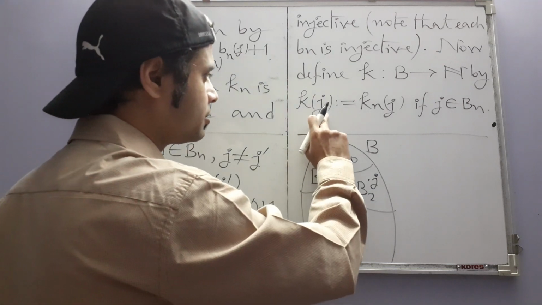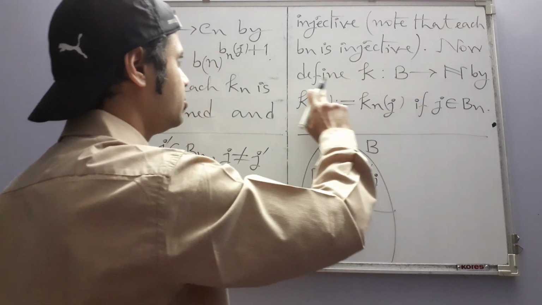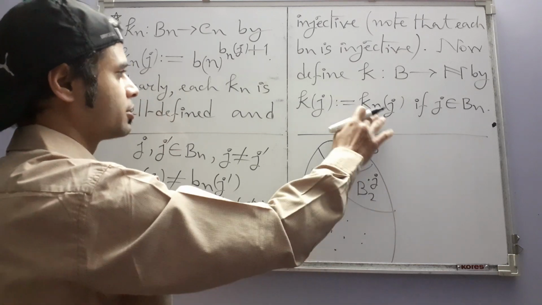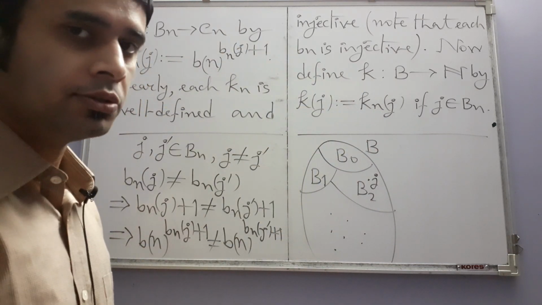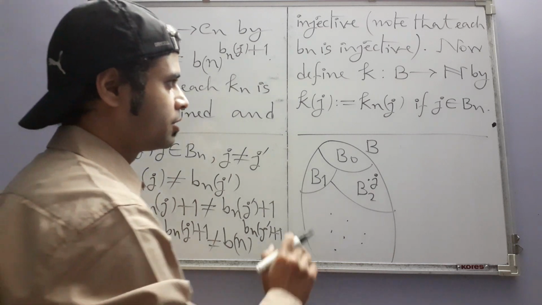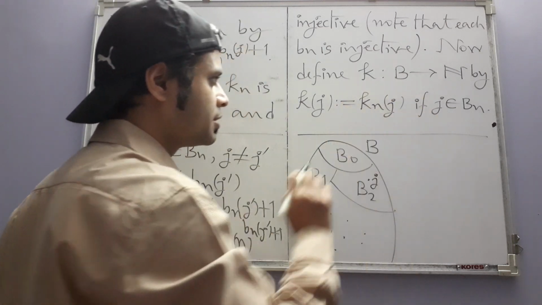First of all, for this input j, the output is a natural number because it's lying in Cn. Is that output unique? Yes, it is unique, because Kn itself is a well-defined function.